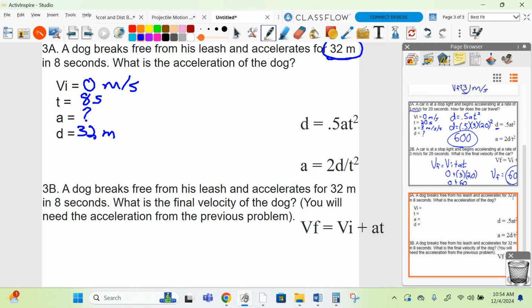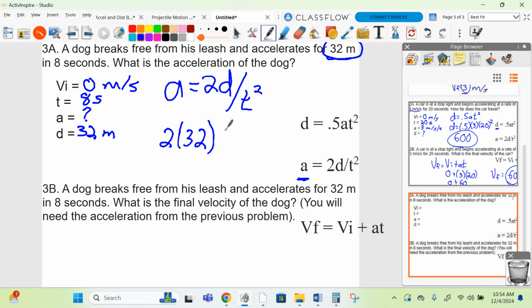If I'm solving for acceleration when I know distance, again, I want to use the version of the equation with acceleration by itself. I'm using 2d divided by t squared. A equals 2 multiplied by the distance divided by t squared. So plugging in my numbers, 2 times 32 divided by 8 squared.